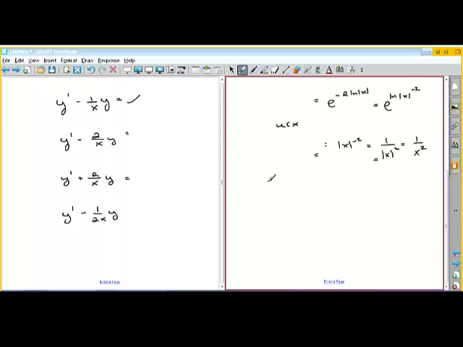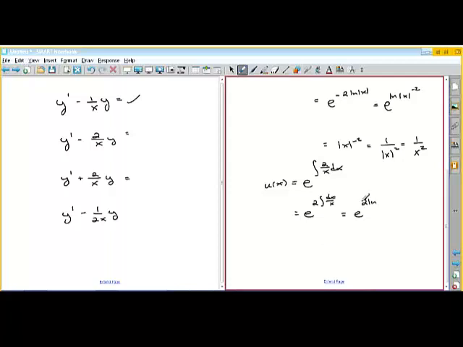So that's that case. Let's say you have a positive p of x. You would have e to the integral of 2 over x dx. Again, you factor out the 2 and end up with dx over x.